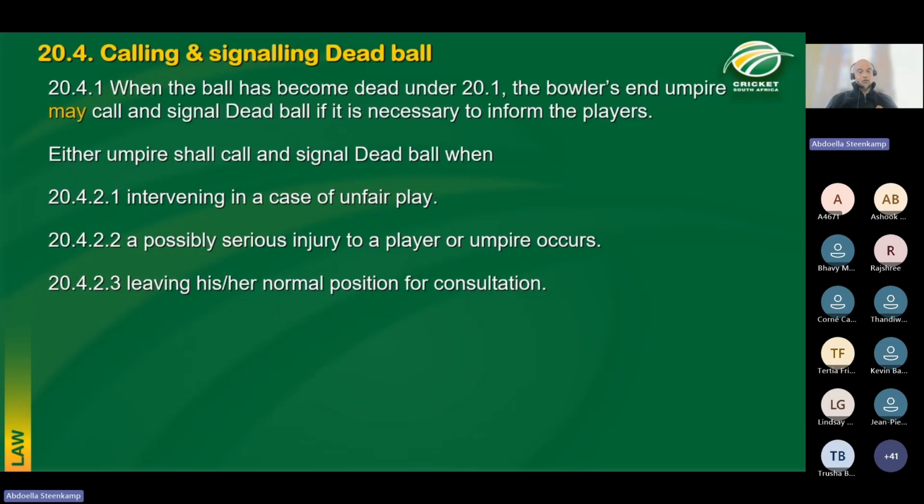So now it's time to consult your colleague at the striker's end. Before going to consult your colleague, please call and signal dead ball. Then, after calling and signaling dead ball, you go and consult your colleague. This call and signal of dead ball stops especially the fielding side from doing anything else while you consult your colleague.